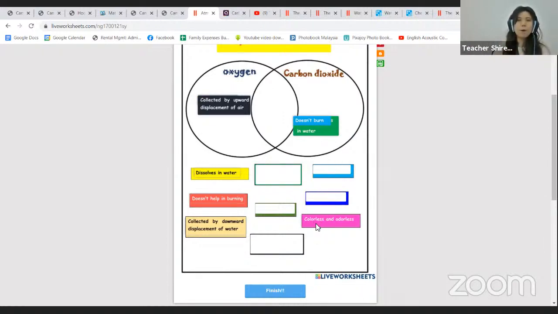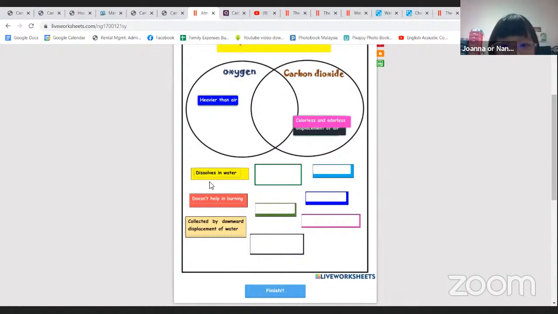Okay, if both is also same, both the characteristic is correct for both, you put in the middle, which is in the intersection. Jensen put it all together.